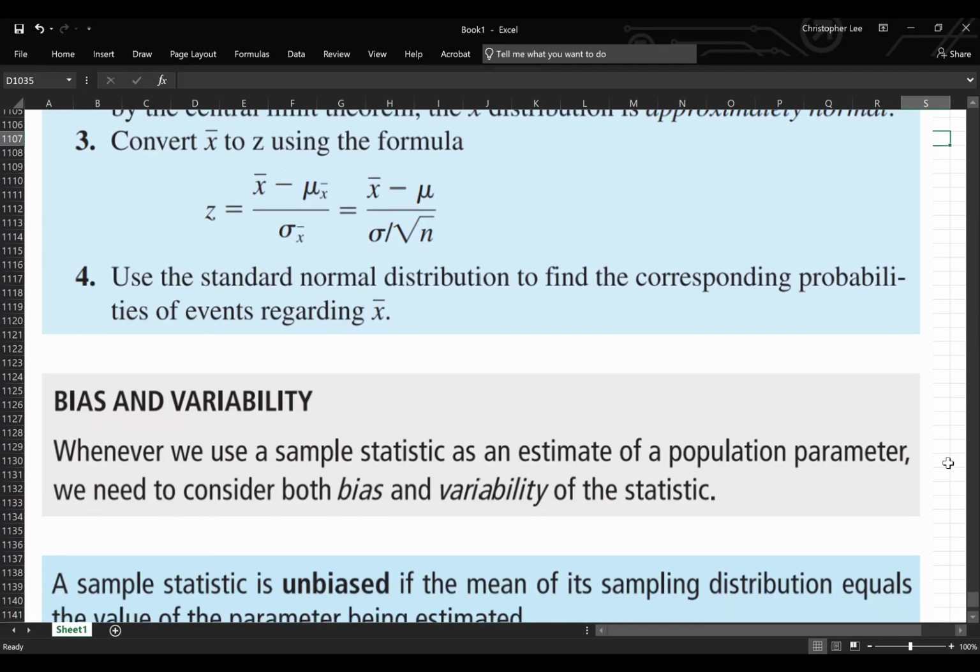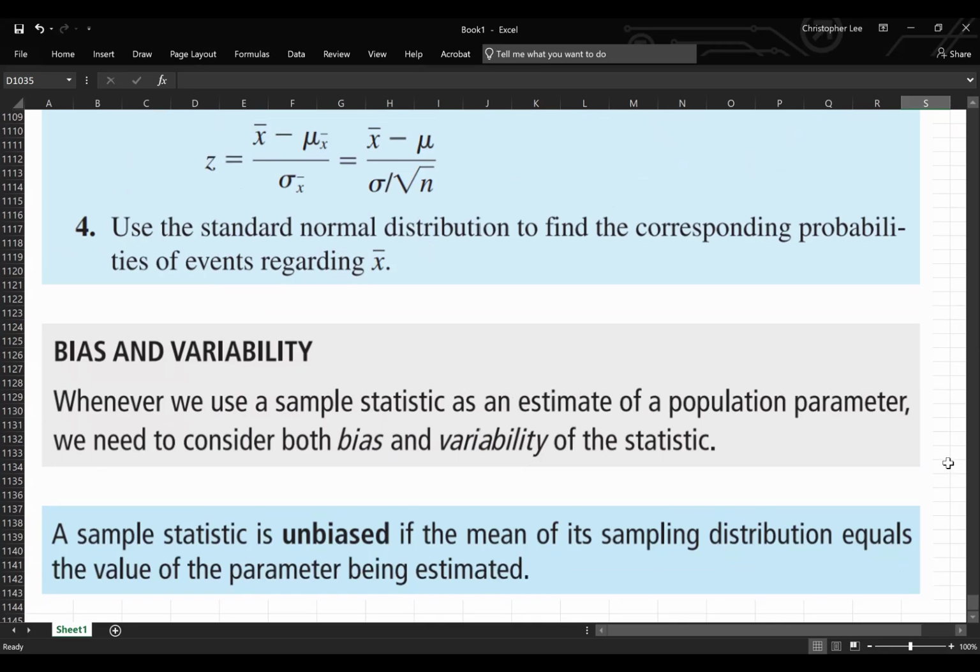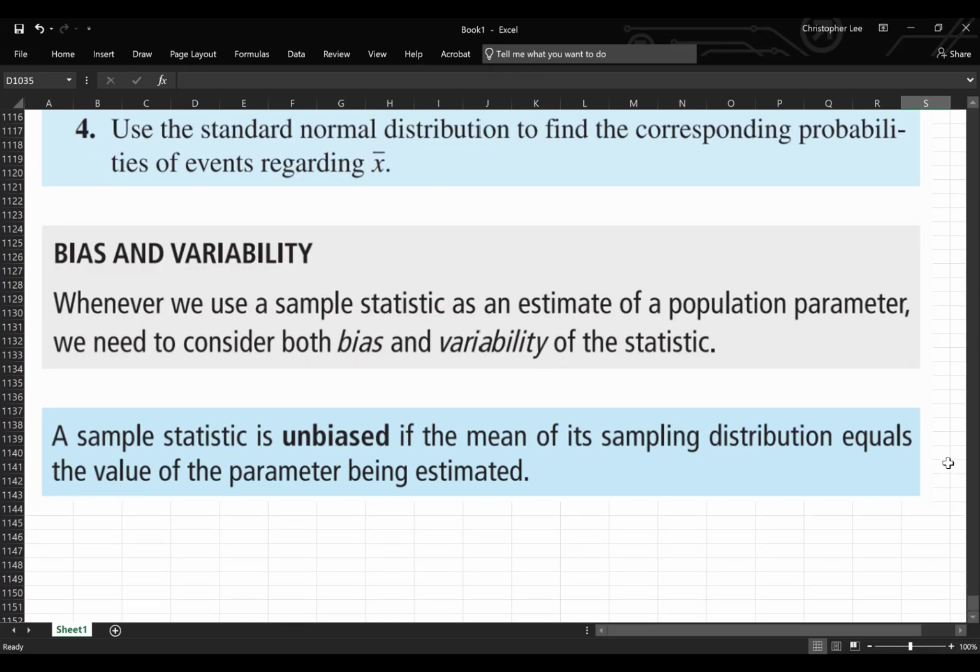A sample statistic is unbiased if the mean of its sampling distribution equals the value of the parameter being estimated. Let me say it again: a sample statistic is unbiased if the mean of its sampling distribution equals the value of the parameter being estimated. Okay?